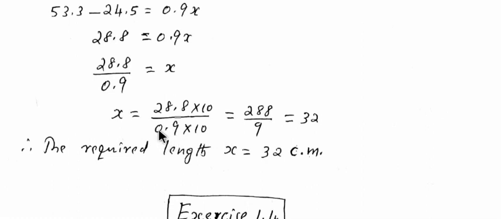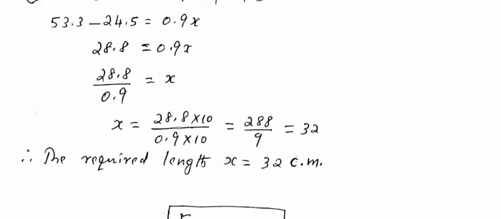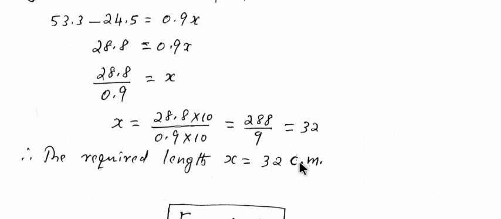Therefore, in order to eliminate this decimal point, multiply by 10. Here also we multiply by 10, otherwise the value changes. Therefore, multiplying, we get 288 divided by 9, since 0.9 into 10 is nothing but 9. Then divide. 288 divided by 9 is equal to 32. Therefore, the required x is equal to 32 centimeter.